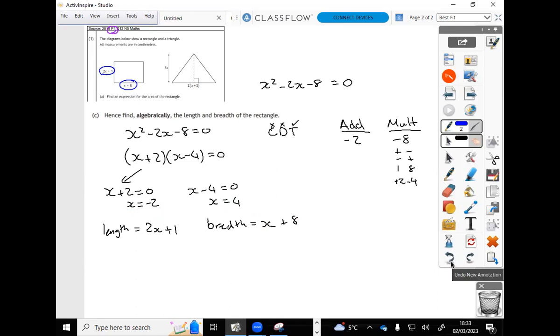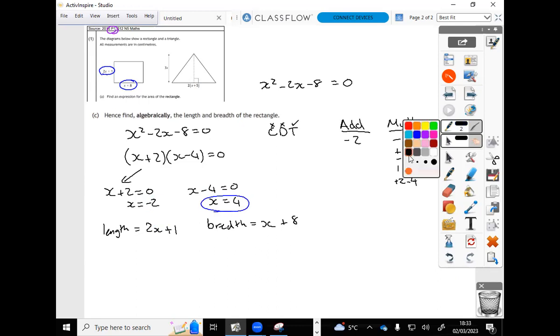Now, very quickly, I can say, if I substitute negative 2 into that x position, I'm going to have negative 4 plus 1, which gives negative 3. I can't have a length of negative 3. So that can't be a solution for me. So that must mean that x equals 4 is my solution there.